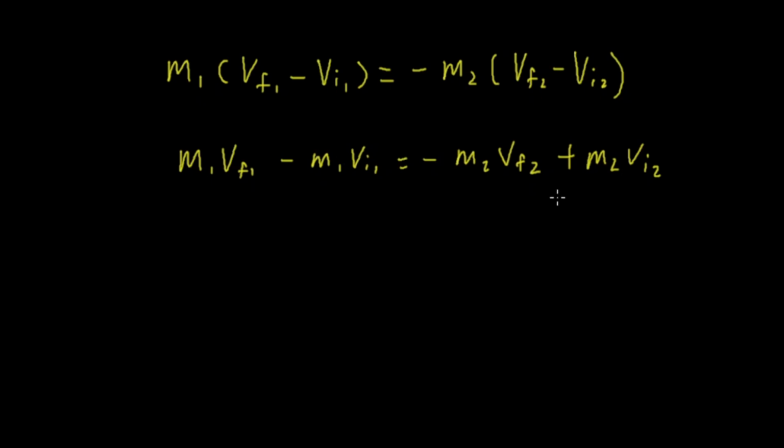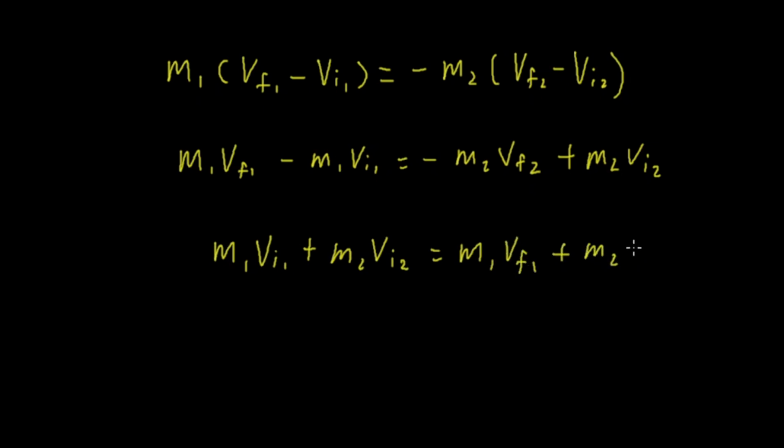But normally, we want to write initial equals final, so we will write in this order. So m1 V initial 1 plus m2 V initial 2 is equal to m1 V final 1 plus m2 V final 2.